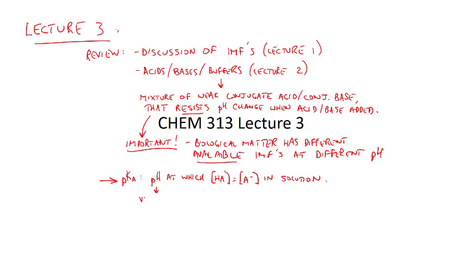However, because pH is a variable, you can think of a pKa as the point in pH space at which a molecule changes in electrical charge. And that's going to be very important going forward when we talk about amino acids, which is the subject of today's lecture.